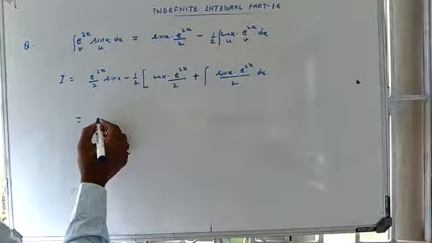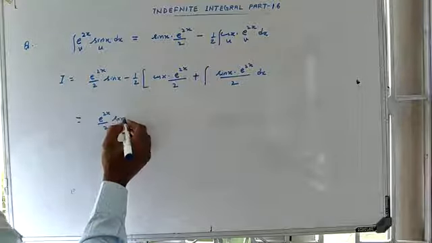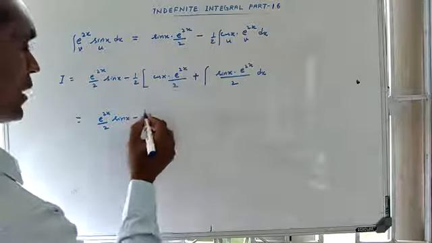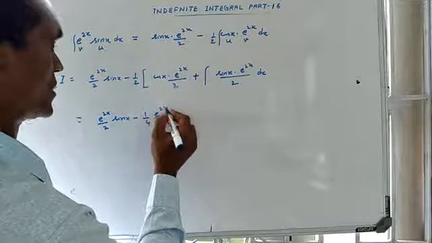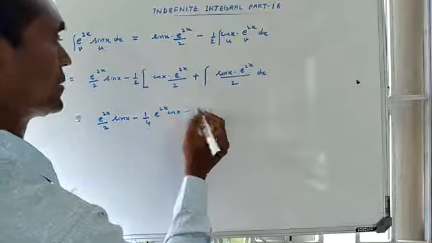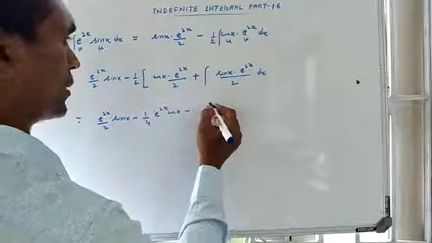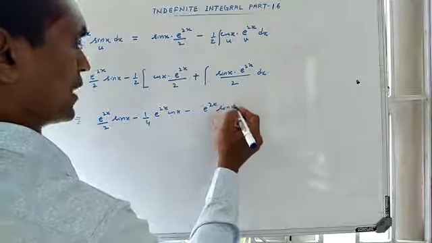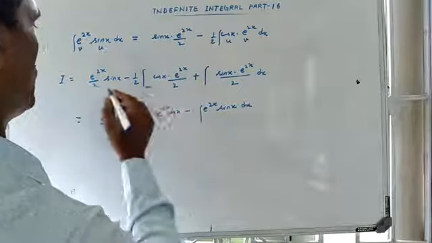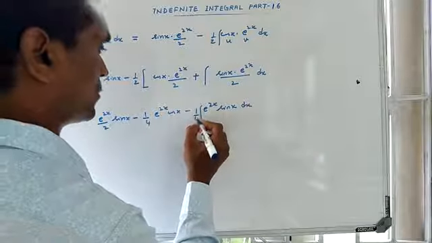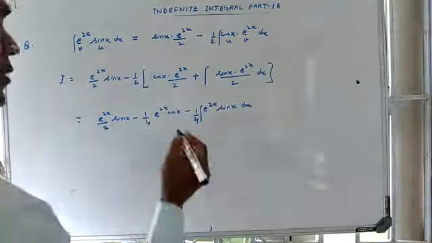Simplify this: e to the power 2x by 2 sin x minus 1 by 4 e to the power 2x cos x, minus 1 by 4 integral of e to the power 2x sin x dx.